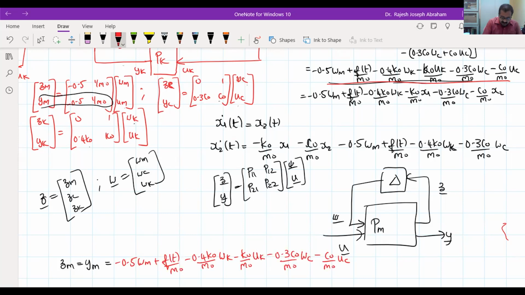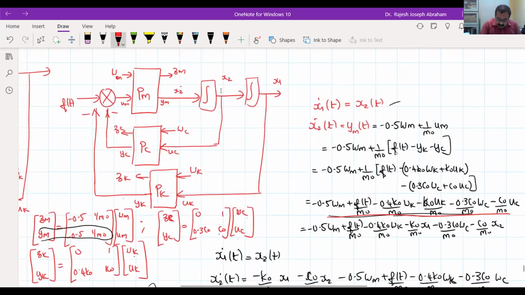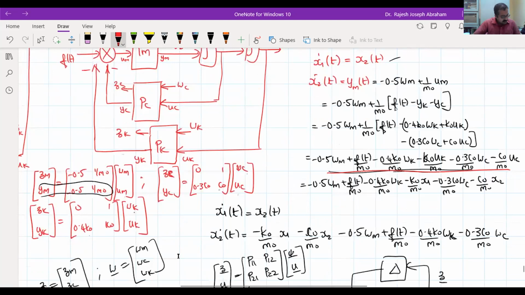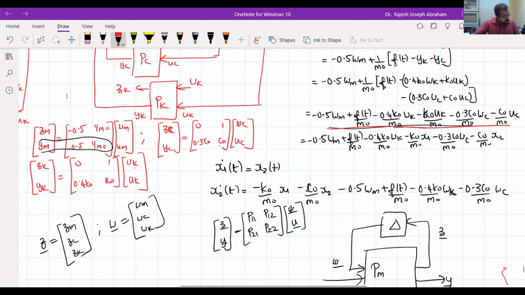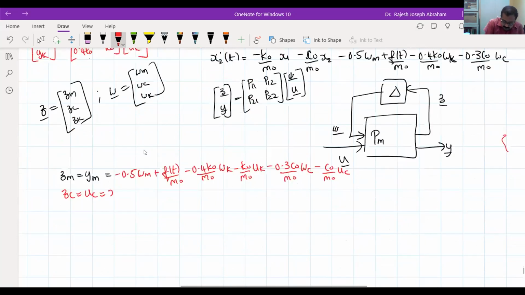Zc. What is Zc? Zc is 0 into Wc plus 1 into Uc. That means Zc is equal to Uc. And what is Uc? See from the figure, Uc is nothing but x2. So I can write Zc as Uc or x2. And what is Zk?